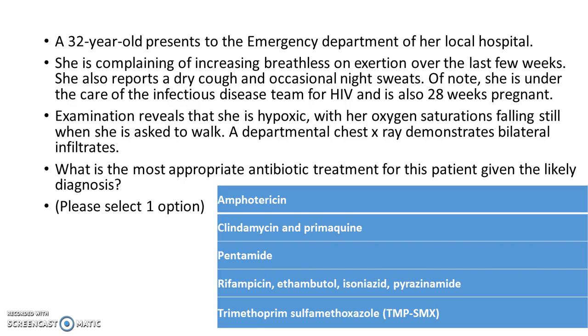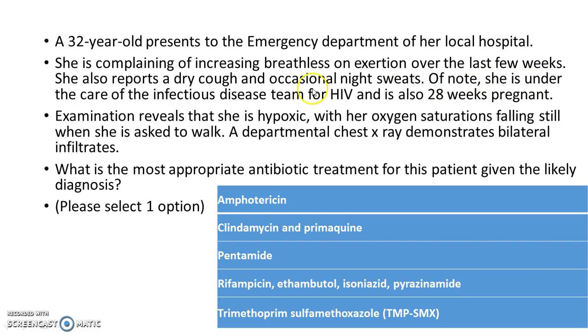So the next case is a 32-year-old patient who presents to the emergency department of a local hospital. She's complaining of increasing breathlessness on exertion over the last few weeks. She also reports dry cough and occasional night sweats.